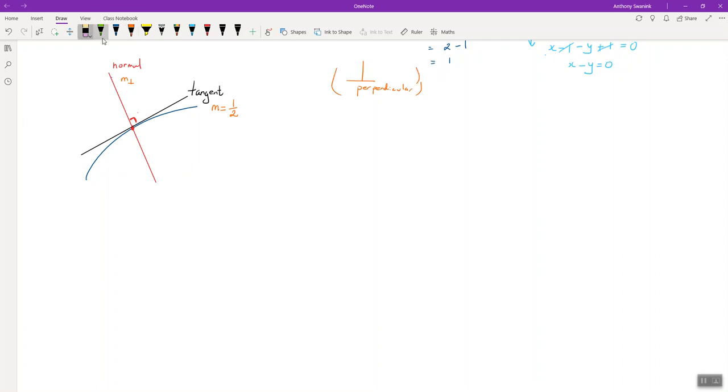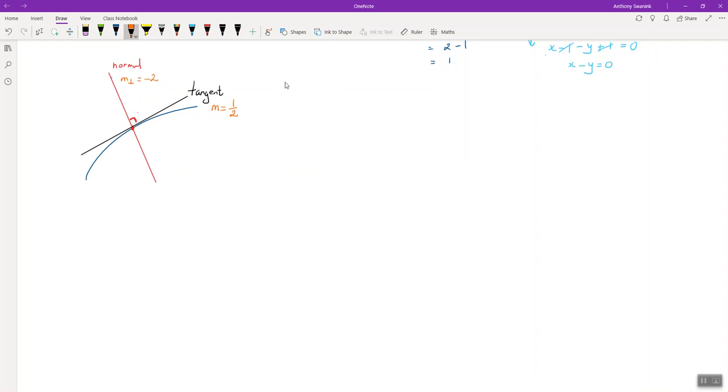So the gradient of this normal would be negative 2.